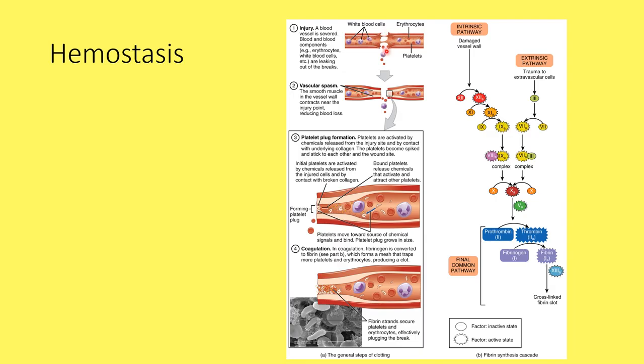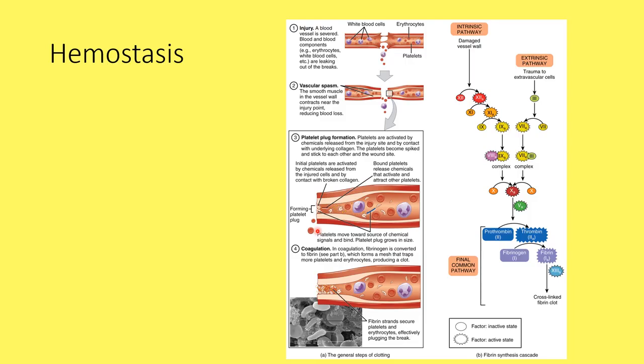When you have an injury and you've cut part of that blood vessel, you are now exposing some of the fibers that are deeper in here, but they're not on the surface. Some of those fibers have a sticky nature to them, so that blood platelets will stick to them. So the platelets will stick to these fibers.